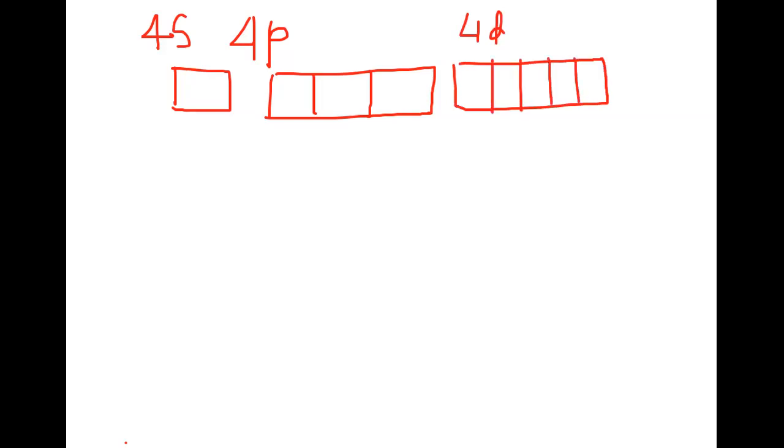Then you come to 4f, again there will be a gap, and this will have the 7 divisions. Now all these degenerate orbitals are shown under one line. That means there is no gap. You see there is a little gap here, there is a little gap here. This indicates that the energy levels are different. But if you are showing it under one line like this, that means there is no energy difference between them, and they are called the degenerate orbitals.